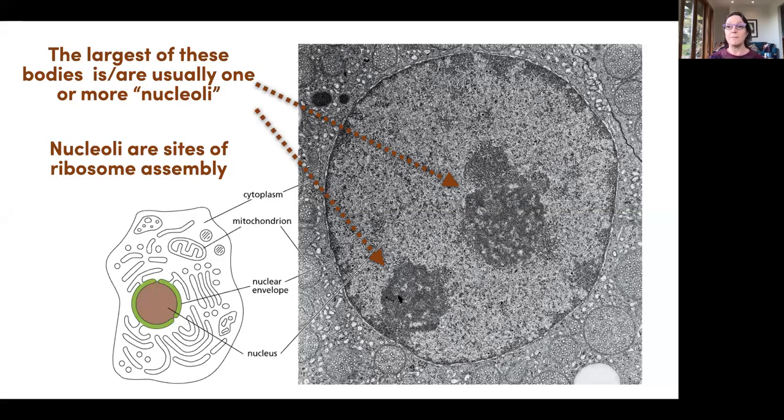So ribosomes make up a lot of the mass of cells, right? They're very large, complex machines that do protein translation. And they are made of both RNA and proteins, many proteins that are arranged around a scaffold that's formed of a couple of large RNAs. And those RNAs, like all RNAs, are transcribed in the nucleus, right?